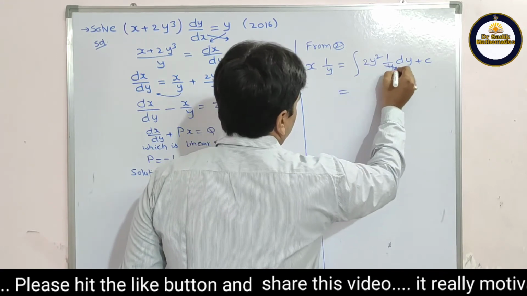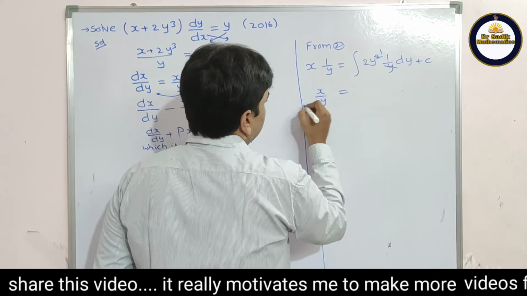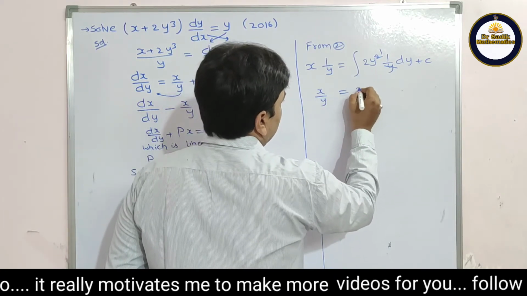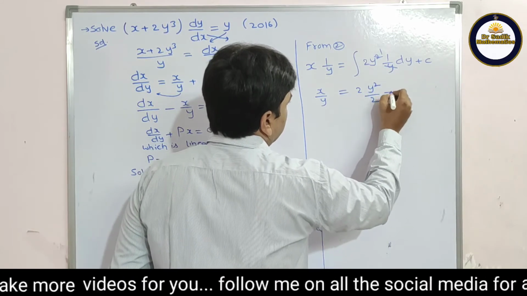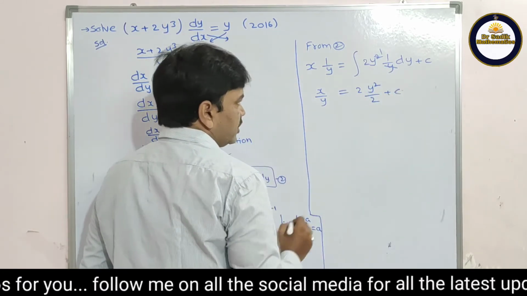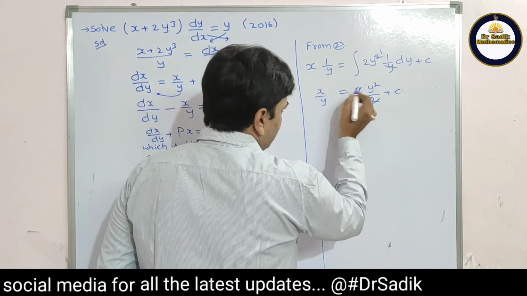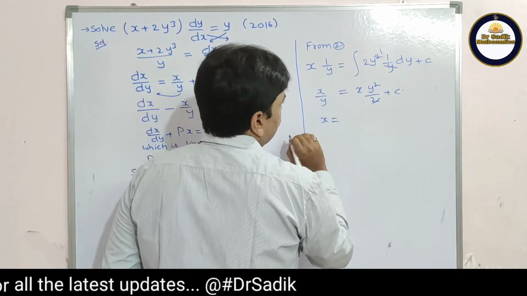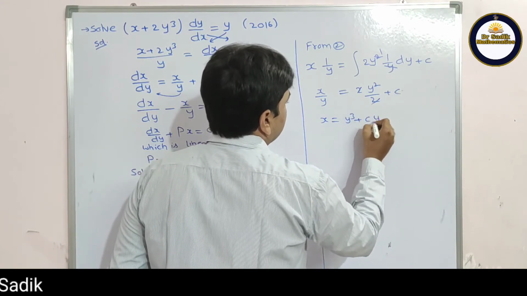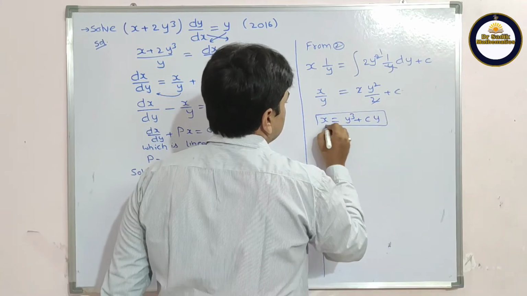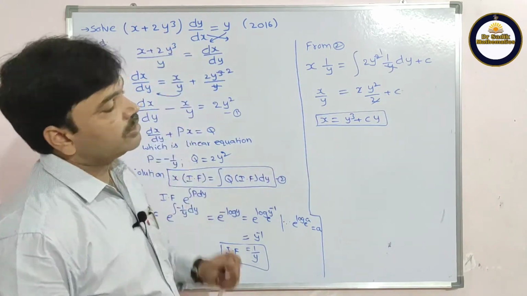That is y^2 one time. So x/y = 2 times the integral of y, which is y^2/2 plus c. The 2 cancels. Multiply with y on both sides, and we get x = y^3 + cy, which is the required solution of the given problem.